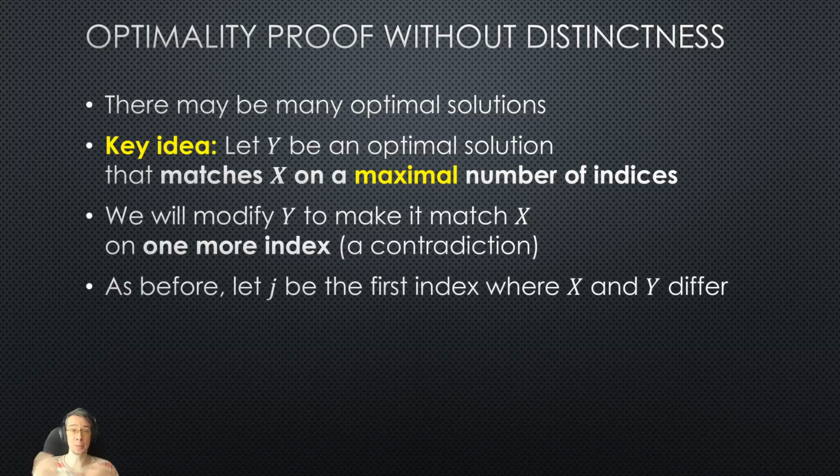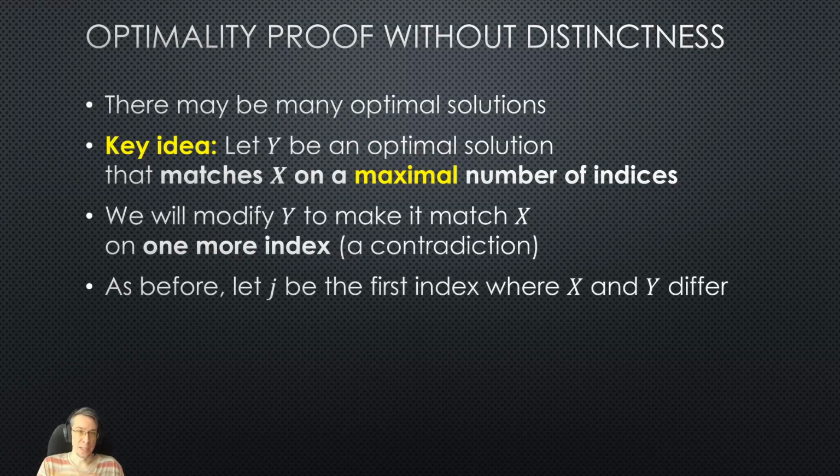Any optimal solution that I pick out of all possible optimal solutions is going to match x on some number of indices. Maybe it could be 0. Now, out of the set of all possible optimal solutions, pick the one that matches x on the largest number of indices. There might be many optimal solutions that match x on a maximal number of indices.